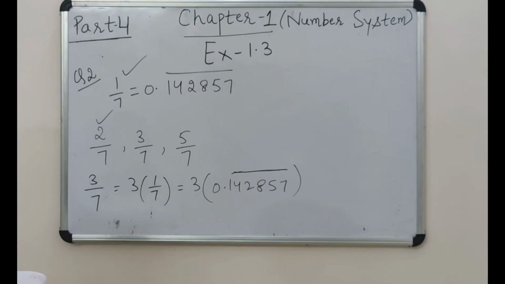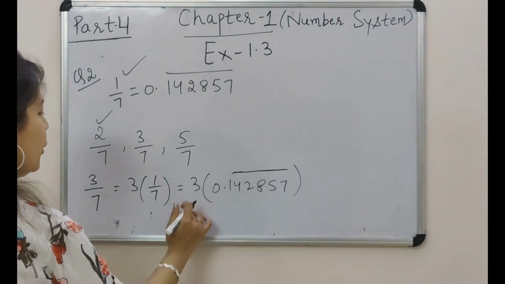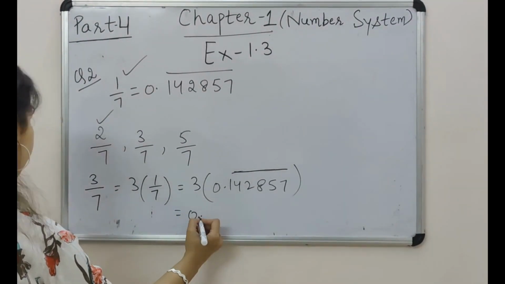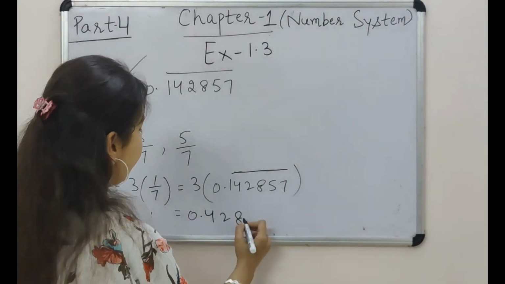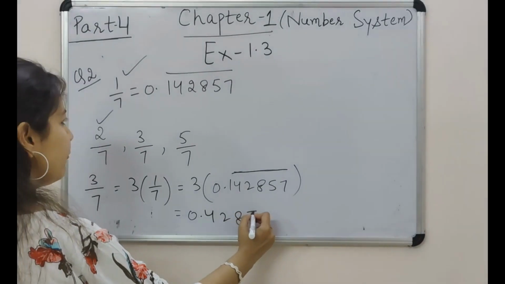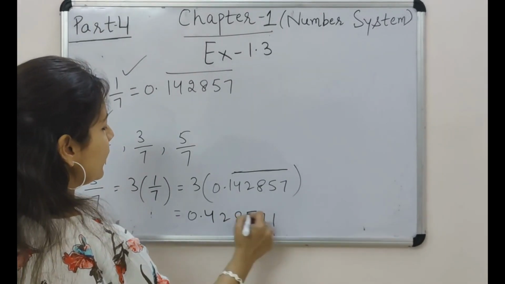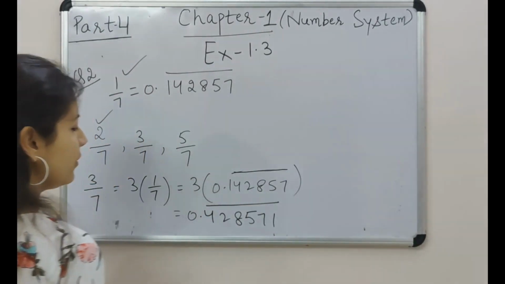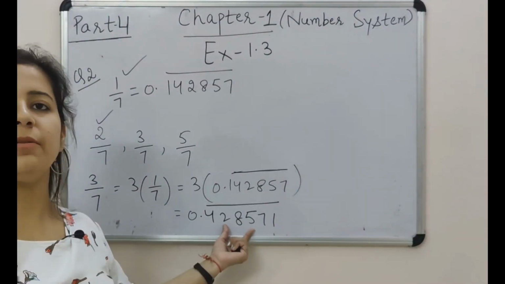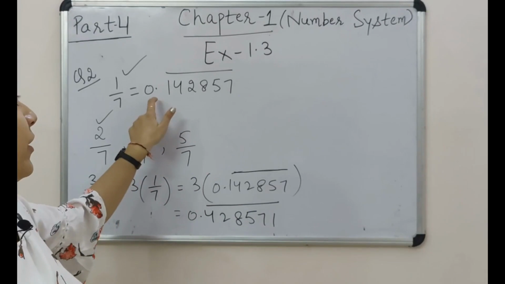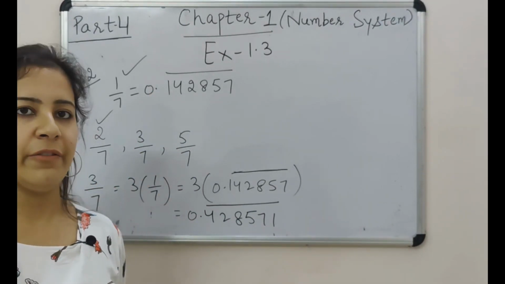When you multiply this value with 3, you get 0.428571 with a bar over it. Again, the nature of the decimal expansion remains the same. It is non-terminating but recurring, using the given value of 1 upon 7. Very easy.